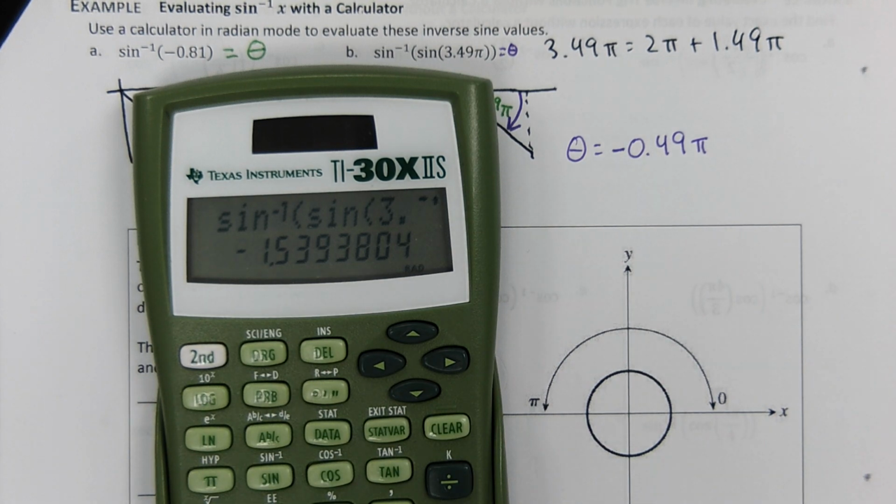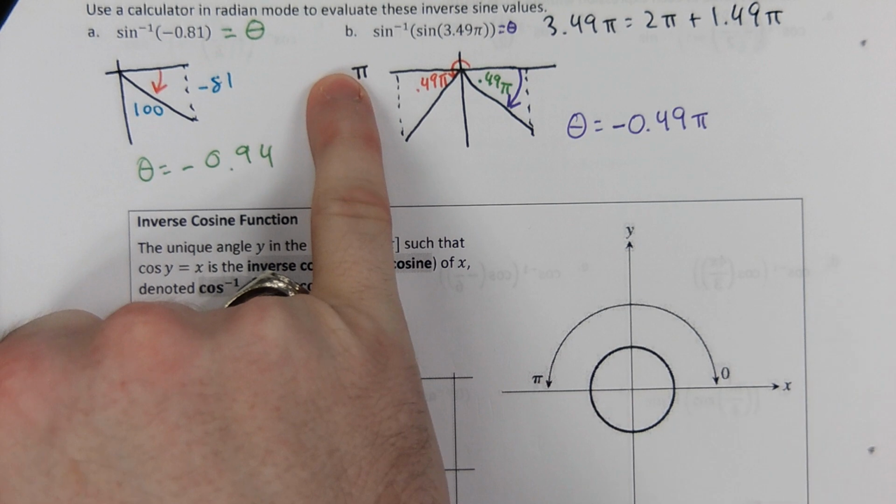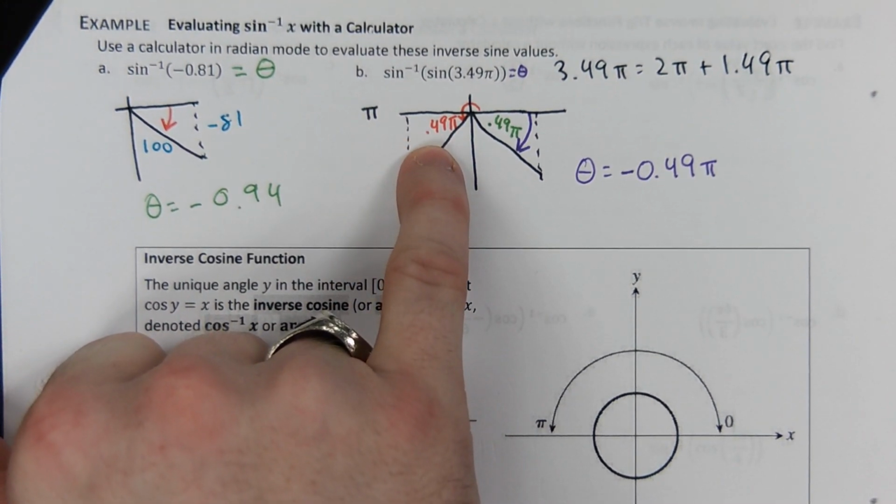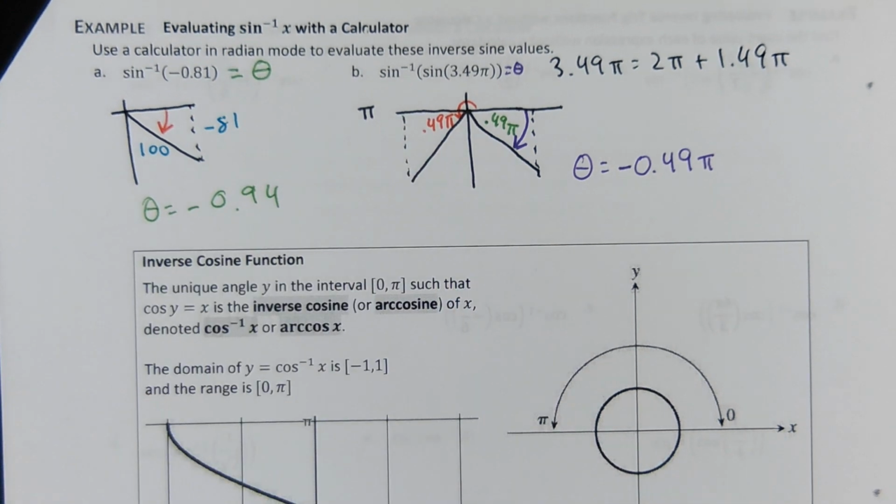What happened to the 1? The 1.49, this is 1 pi. And there's the other 0.49 pi's. Remember, because half a circle is pi radians. So there it is. What do you think about sine inverse and the way it moves triangles to appropriate places?